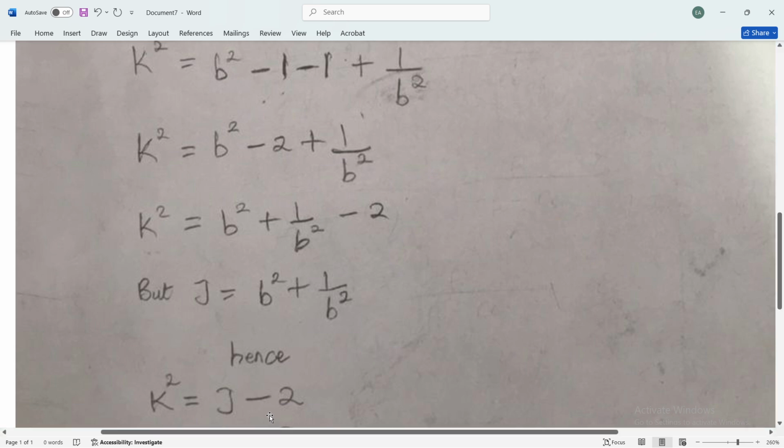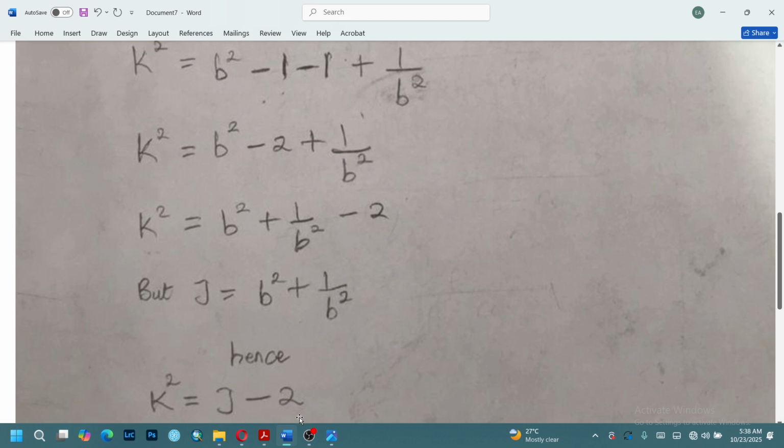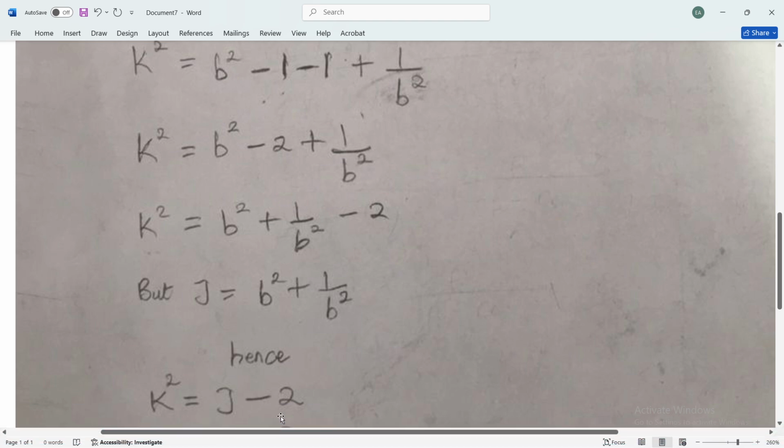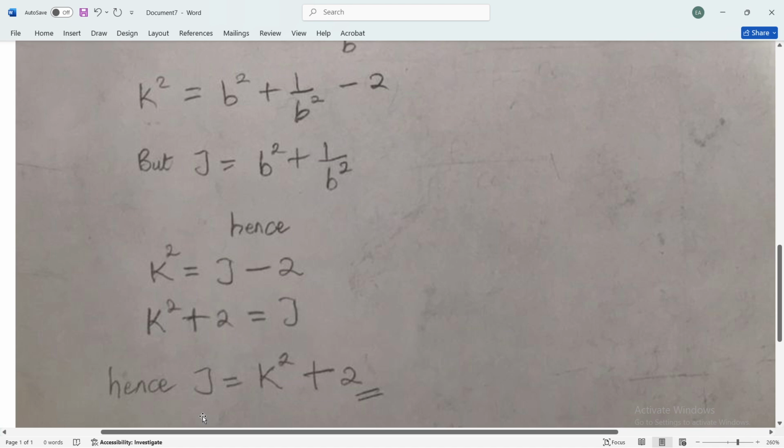So this negative 2 would cross the equal to sign and change its form to become positive. Whenever a number crosses the equal to sign, it will change its form. If it's a negative number, it will become a positive number. If it's a positive number, it will become a negative number, right? So this negative 2 will cross the equal to sign to join k squared and become a positive number. So we are going to have k squared plus 2 equals j.